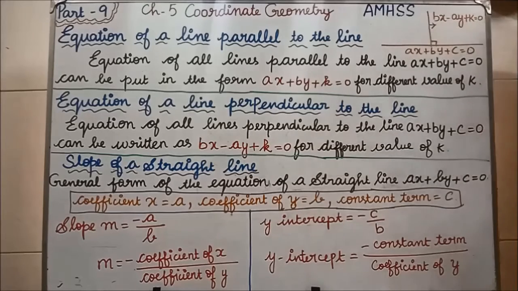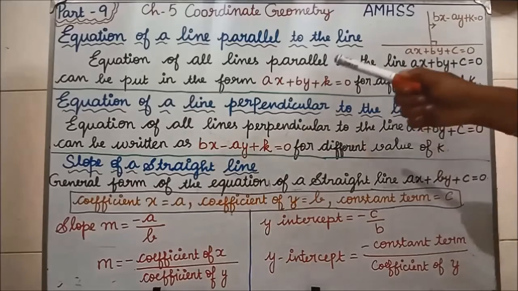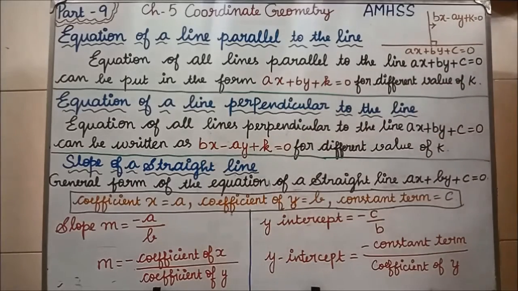Next concept we are going to learn is slope of a straight line. Here they have given you a straight line. See, this is a straight line formula, ax plus by plus c equal to 0. In this format, if they are giving one equation and asking you to find the slope, slope m is equal to minus a by b. That is the formula. What is a?